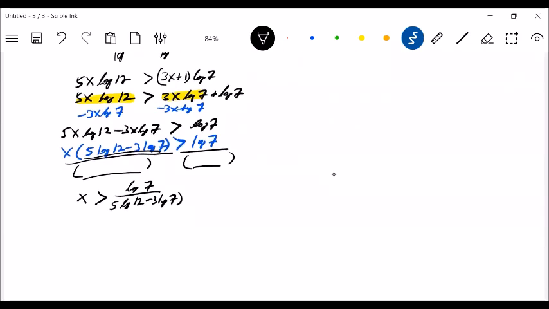When we put that into the calculator, we get that x is greater than about 0.2954.